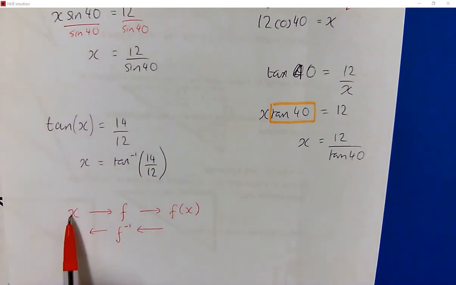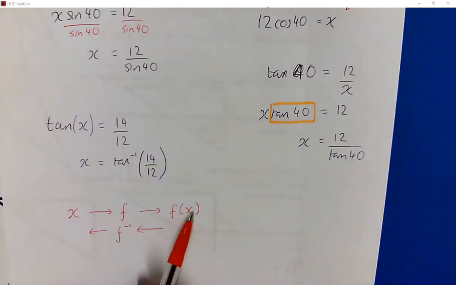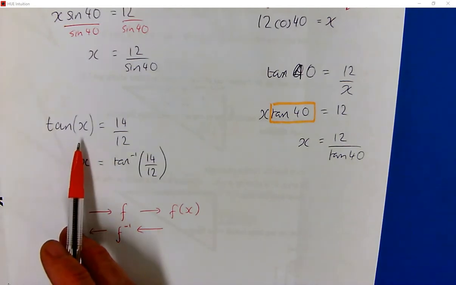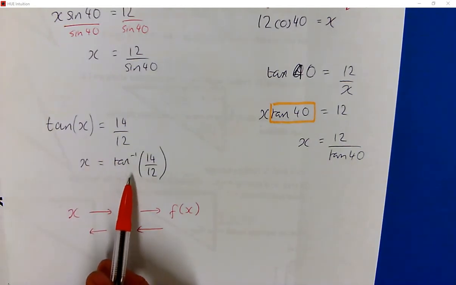So it could be that you're timesing by 2, so the inverse is dividing by 2. Or it could be that you're squaring, so the inverse is square rooting. Or it could be that you're cube rooting, so the inverse is cubing, and so on. So if you're tanning, the inverse is inverse tanning.